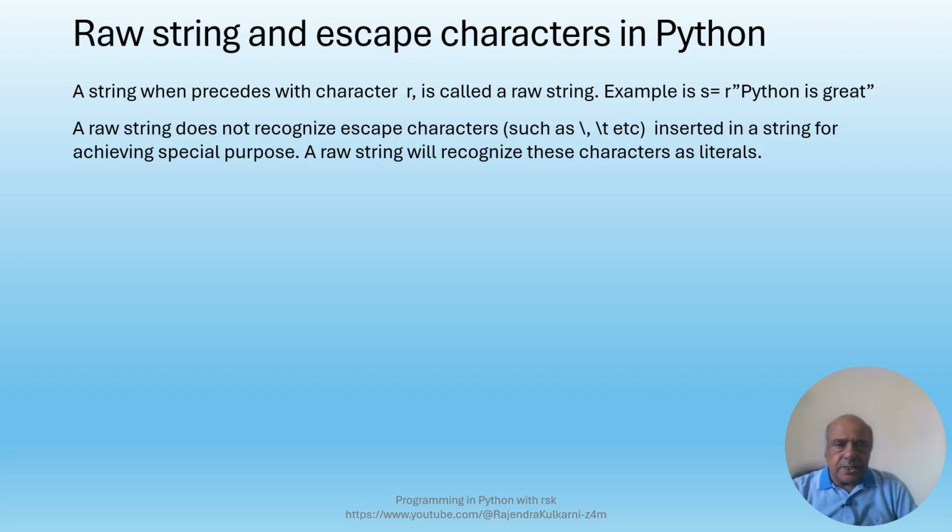One is backslash, another is backslash t. This t stands for tab. So when backslash t appears in a string, and it is a normal formatted string, then this will introduce a tab at the place in the string where backslash t appears.